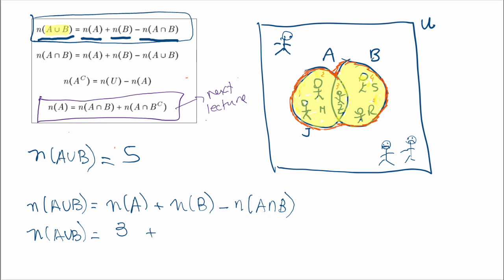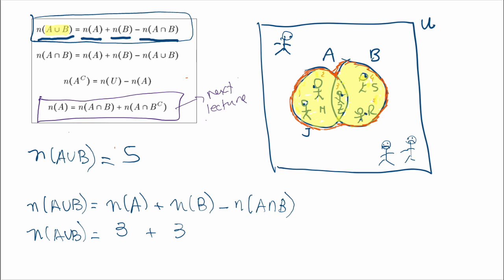Because I'm taking everyone, I will sum up with people in B. Well, B is Sarah, Rolf, Zach. So I have 1, 2, 3 in B as well, okay? And if we stopped there, the number of people would be 6, okay? But that's not the answer. The answer is 5, and you can count them out. 1, 2, 3, 4, 5.